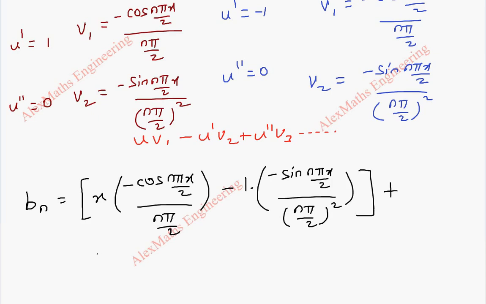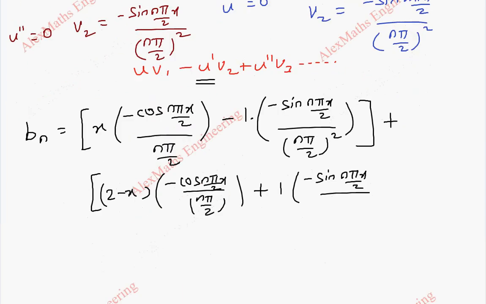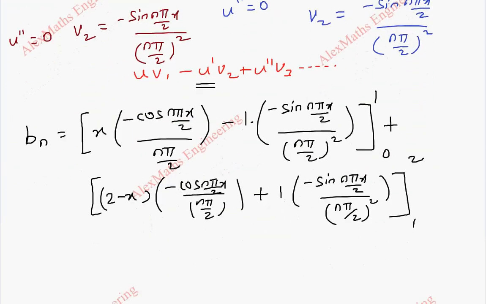Coming to the second part, we have 2 minus x into minus cos(n pi x / 2) by n pi by 2. Then u dash is minus 1, so we put plus 1 here because there is already a minus u dash, and minus sin(n pi x / 2) divided by (n pi by 2) whole square. We have 0 to 1 as the limit for the first one and 1 to 2 as the limit for the second one. So we completed the integration and we are going to apply the limits.